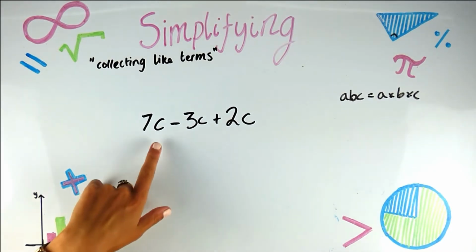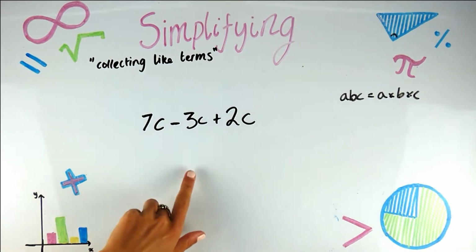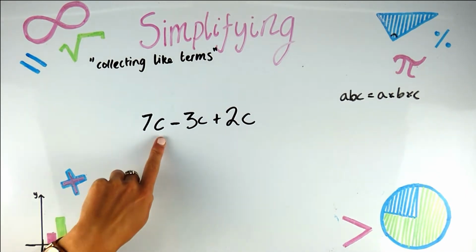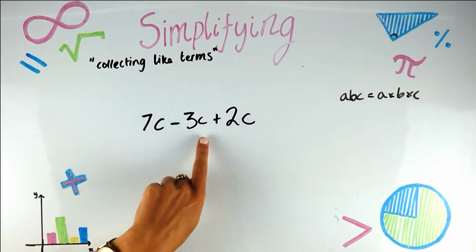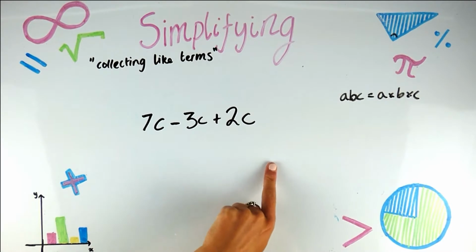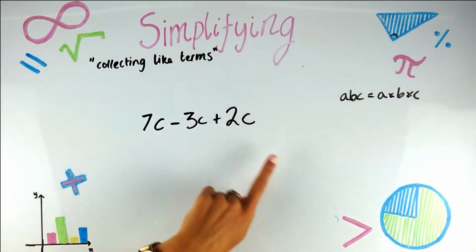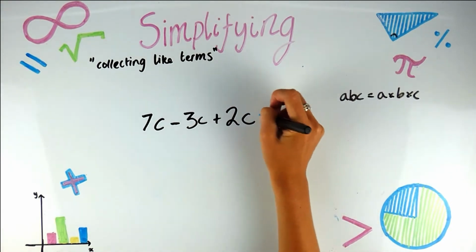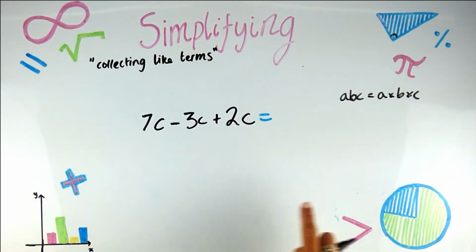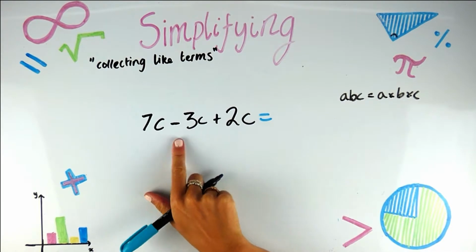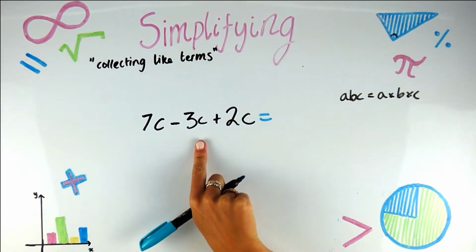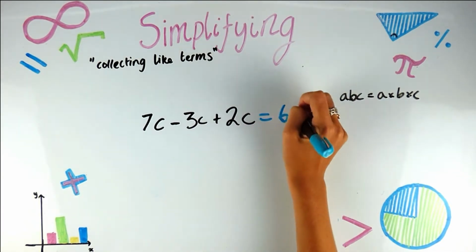Why am I obsessed with insects and mini beasts? I do not know. But if you have 7 caterpillars minus 3 caterpillars plus 2 caterpillars, it just makes so much more sense than seeing the letters. Obviously, some people can just read that off and do it, but it's just one way to think about it. Ooh, mixing the colours up. Nice. So 7 minus 3 is 4, plus 2, so we've got 6C.